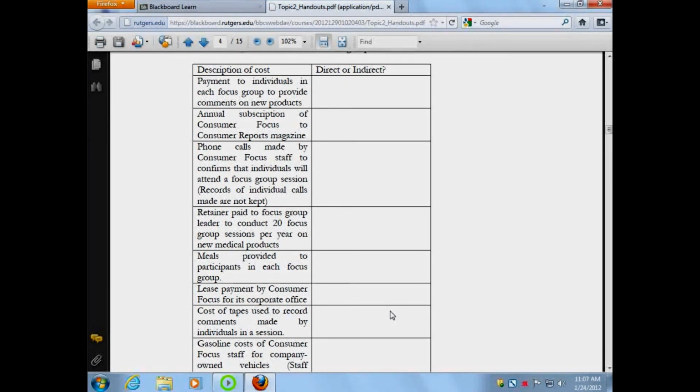Phone calls made by Consumer Focus staff to confirm that individuals will attend a focus group session. Records of individual calls made are not kept. So direct or indirect? Think about the way in which this cost is generated.